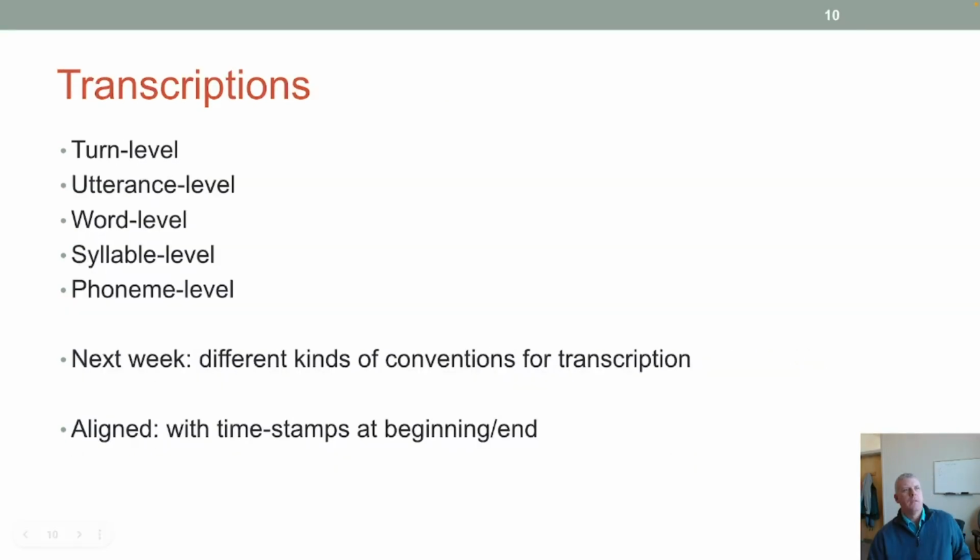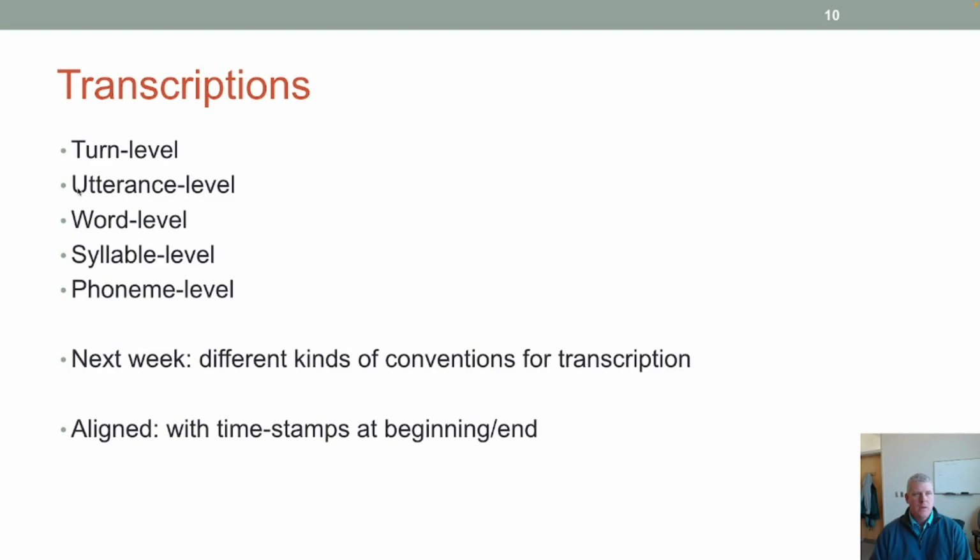There can be different levels of transcription detail in annotations in corpus files. You can have turn level tagging. In my previous lecture, I had an example where each turn was written down on a separate line. You can have utterance level annotations, that is, one line is one utterance. Or you can have word level annotation, or even down to the phoneme.